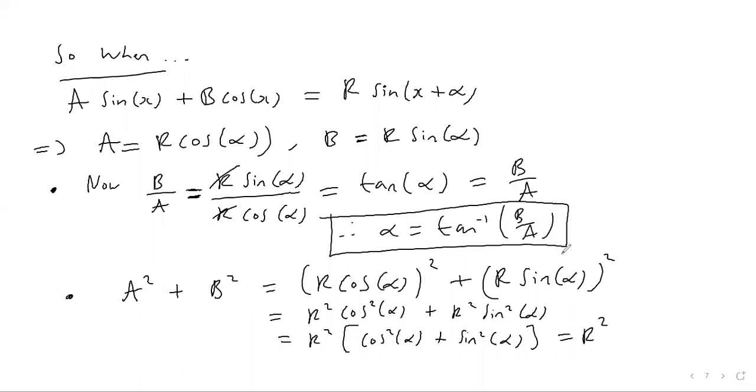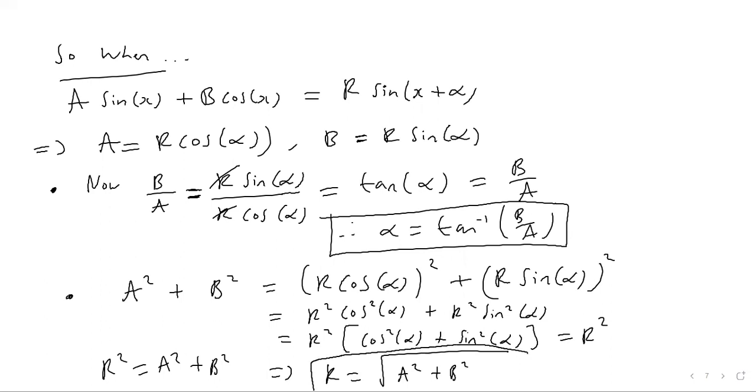So what is this telling us? We need to calculate r and we need to calculate alpha. We've calculated alpha there. But to calculate r, we know that r squared must be equal to a squared plus b squared, and therefore r is equal to the square root of a squared plus b squared. So that's our second result.